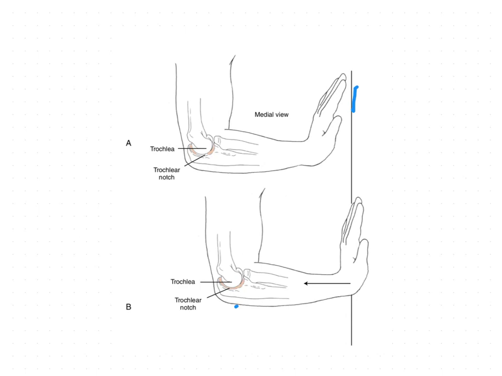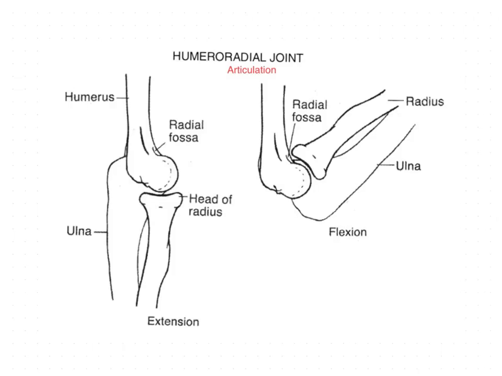Now coming to the articulations of the humero-radial joint. In the case of the humero-radial joint, this is the capitulum and this one is the head of the radius, and above this you have the radial fossa. This is the elbow flexion and this one is the extension of the humero-radial joint.